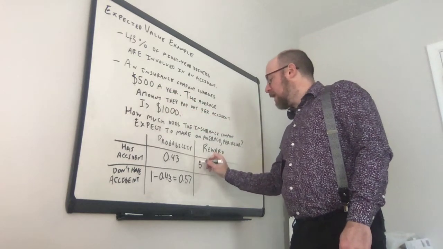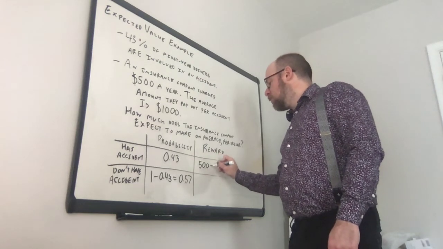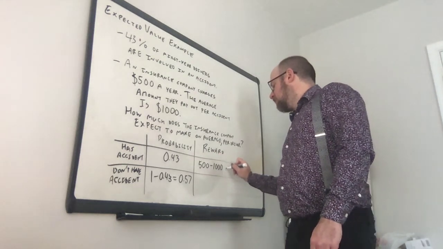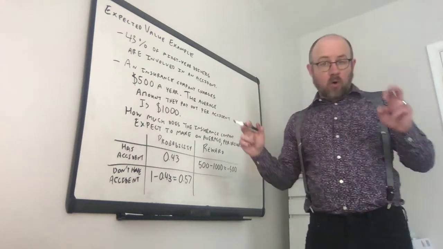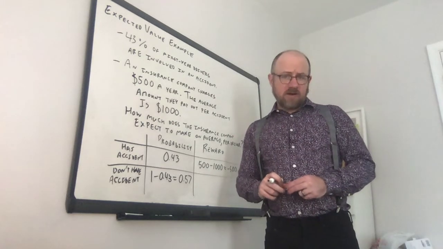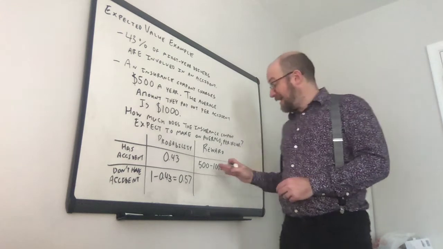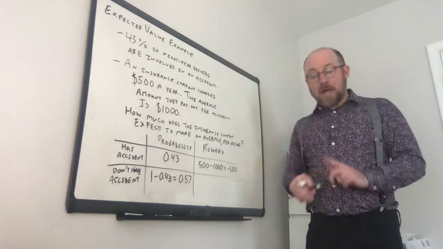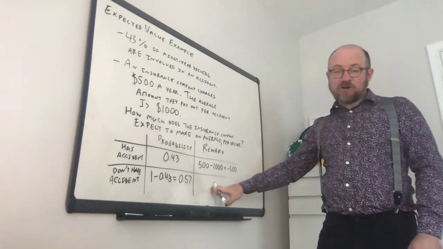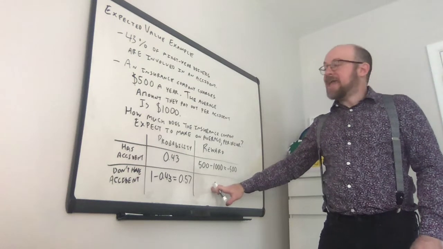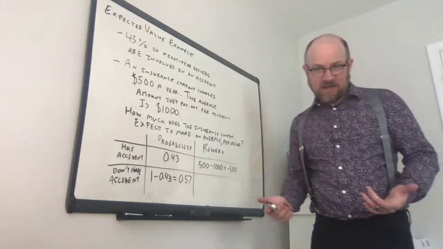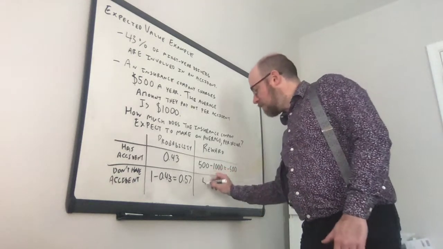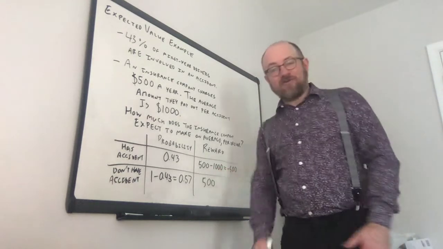So they got $500 from you, but they lost $1,000. So their reward for selling you insurance, if you have an accident, is negative $500. But their reward if you don't have an accident is $500. They took in $500, but they didn't have to pay you anything.